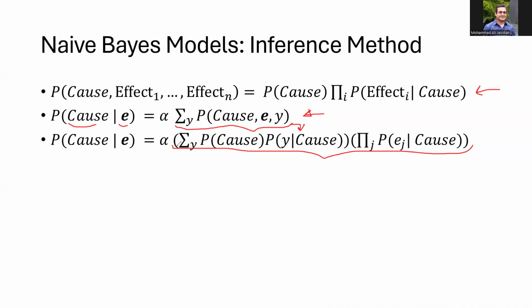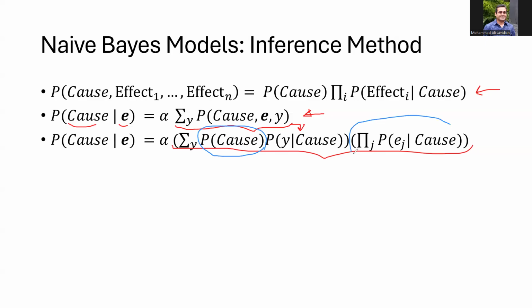Since I'm going to marginalize out the y's, as you can see, some of these terms do not have y, so they are not dependent on the y. For example, this one and this one.